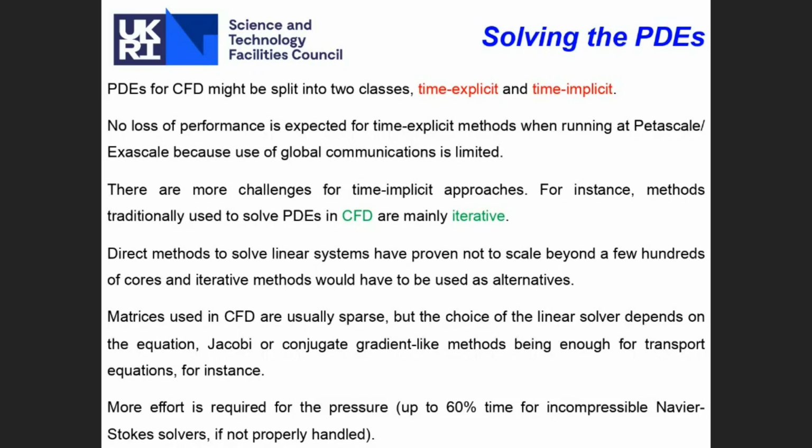In Saturn, a few years back, about 60% of the time was spent computing the pressure. Now, because there have been a lot of improvements, developing a multi-grid method, this is probably down to 30%, and the velocity is a little bit more costly now because it's all computed implicitly.